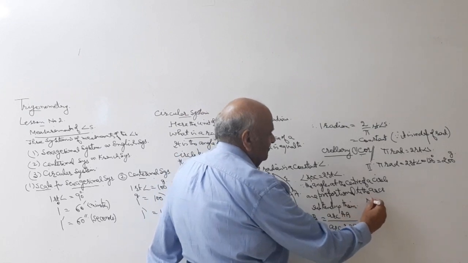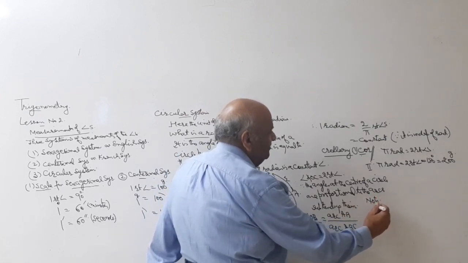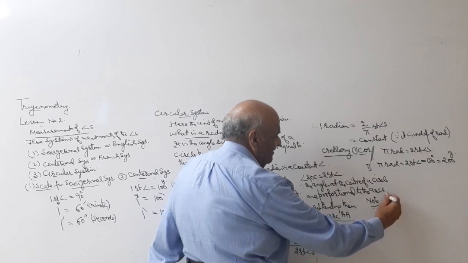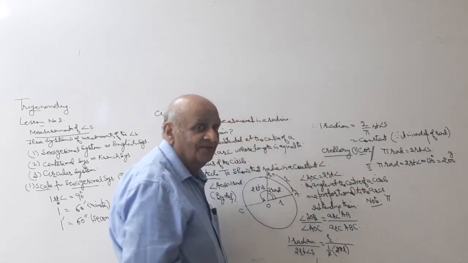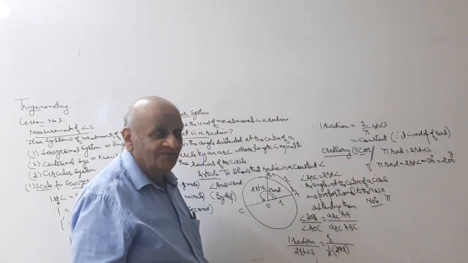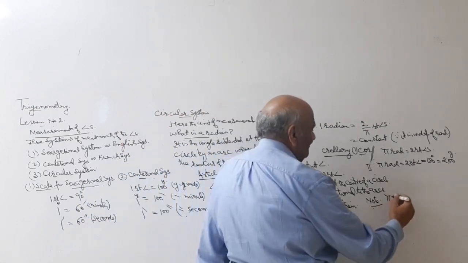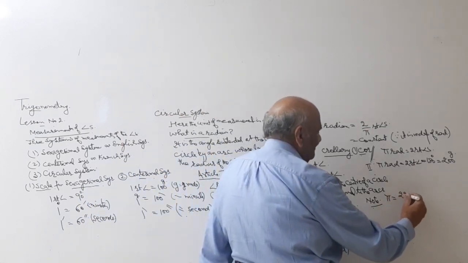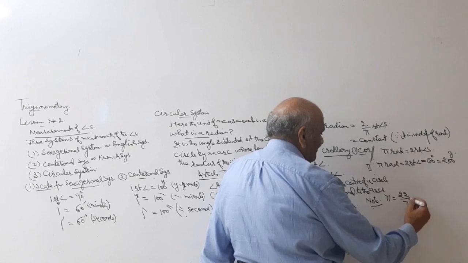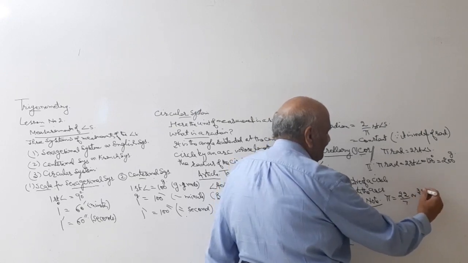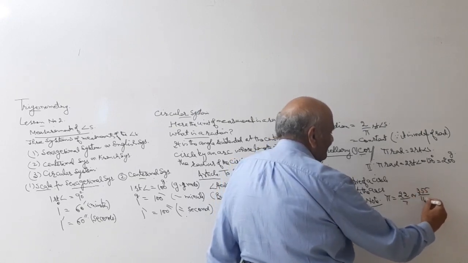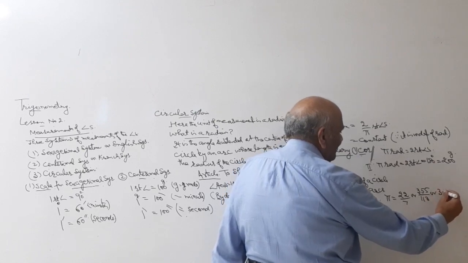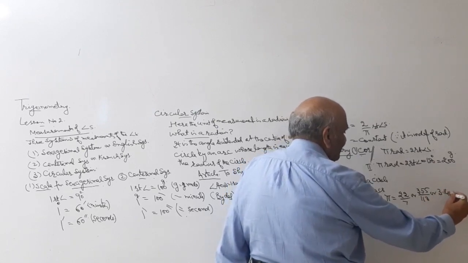Note, we have used here pi, the Greek letter. Pi is a standard constant. It is an irrational number and its value is 22 upon 7 or 355 upon 113 or 3.1417.